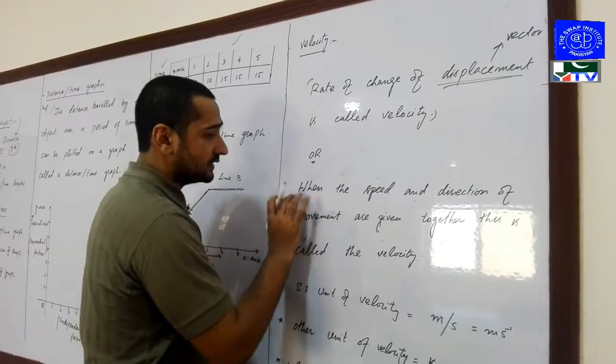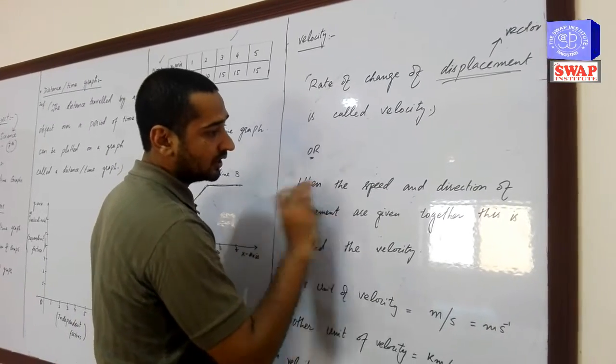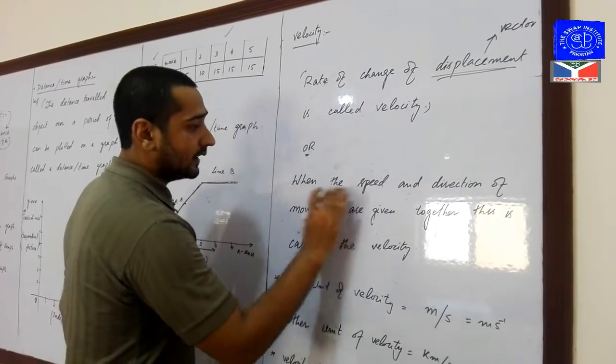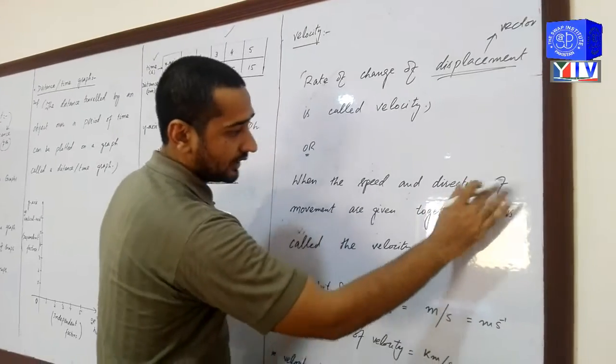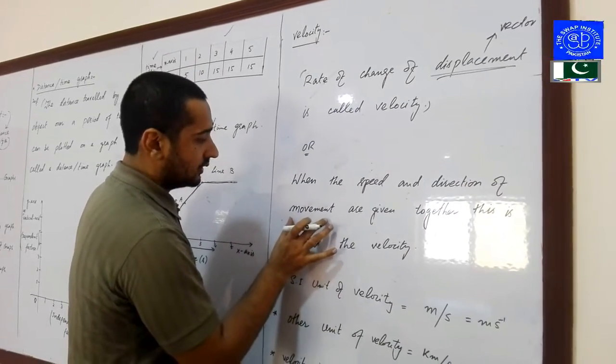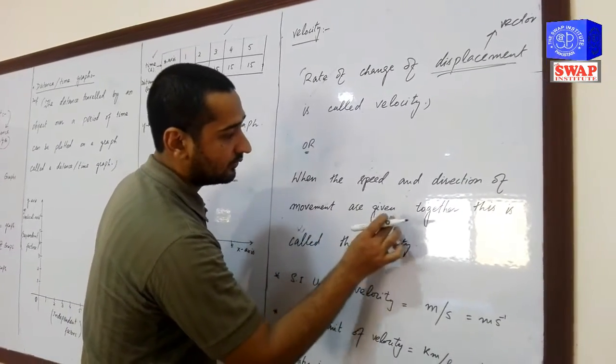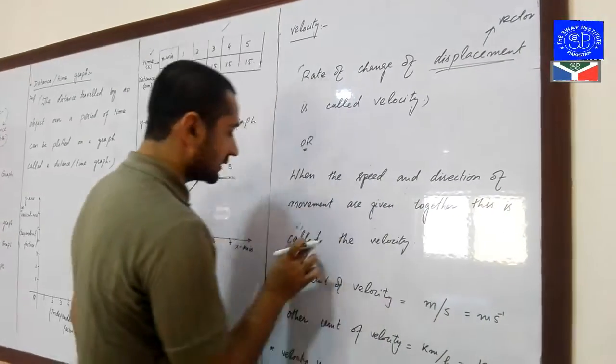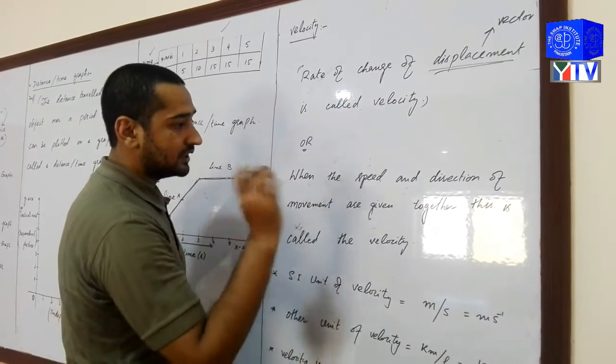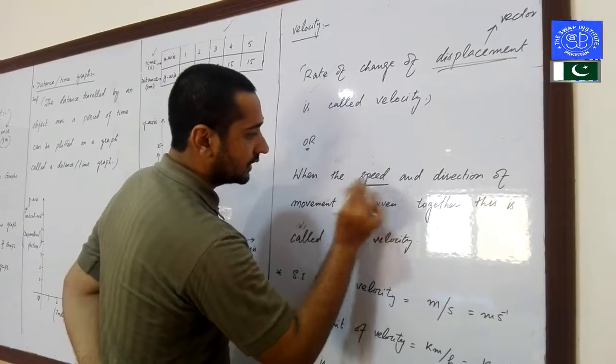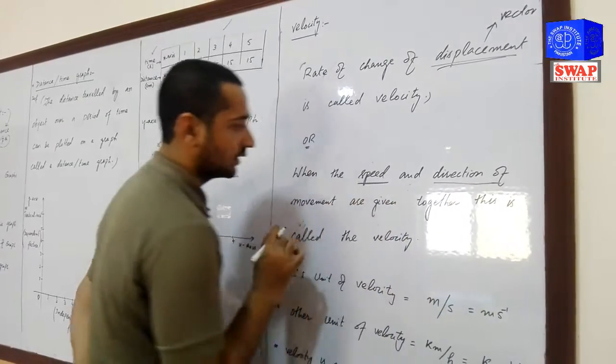Now this is the definition which is mentioned in the book. When the speed and the direction of the movement are given together, this is called velocity. Basically in this, the speed and direction.